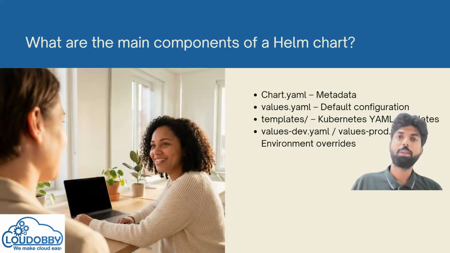Then, what are the main components of a Helm chart? When you say you worked on Helm chart, you have to know the components: Chart.yaml, values.yaml, templates, and values-dev.yaml. First of all, you have to know what values.yaml is. It is where you put parameters outside your deployment.yaml file.